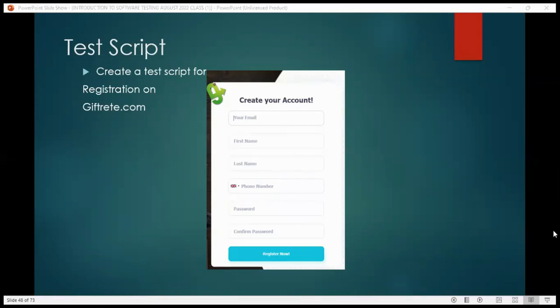Then the other one I'm going to ask again is test condition. Just in a simple way that you understand it. What do you think test condition is? Anyone can try.